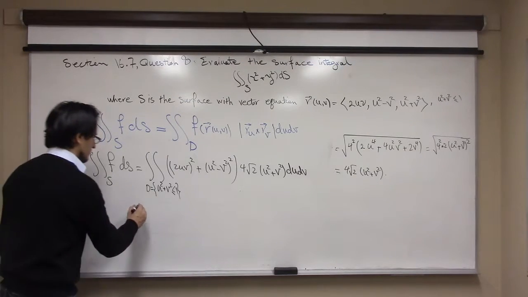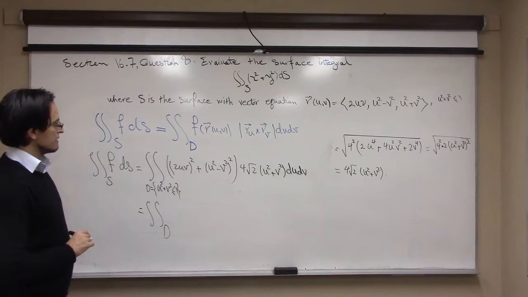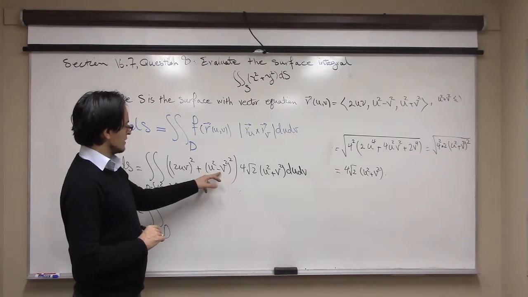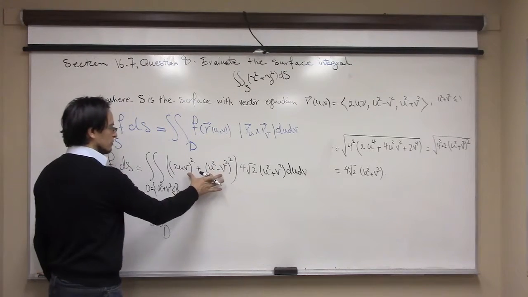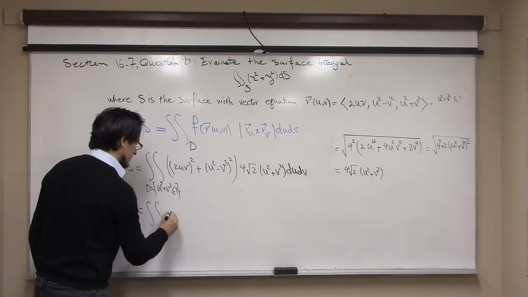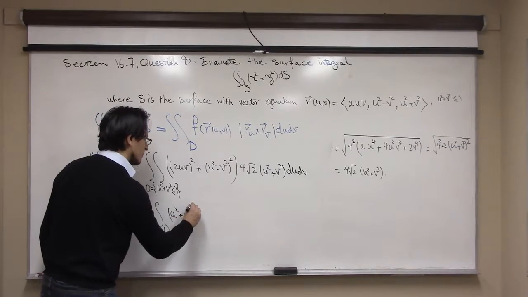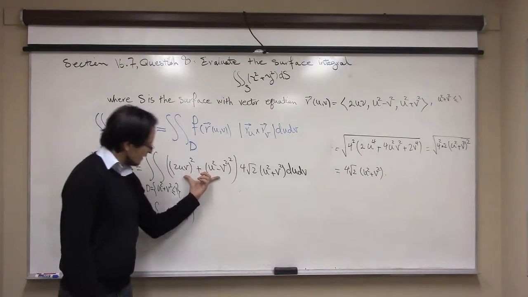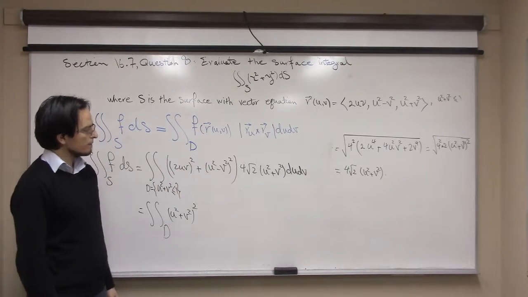Okay, we can simplify this first, maybe. So D is that disk. Now I have u to the power 4 minus 2u squared v squared plus v to the power 4. If I compute this, it is going to be u squared plus v squared to the power 2. This part itself, open this up, and you cancel something there, and then you get that.